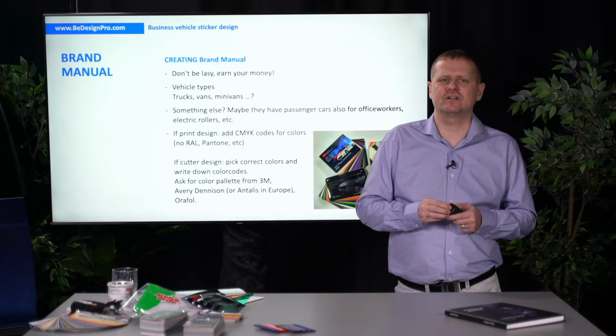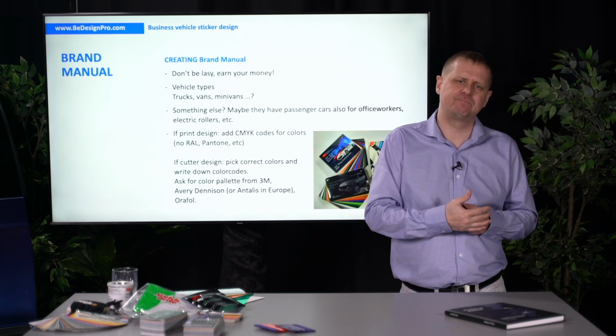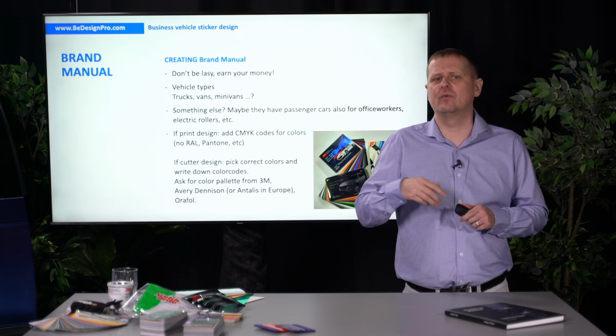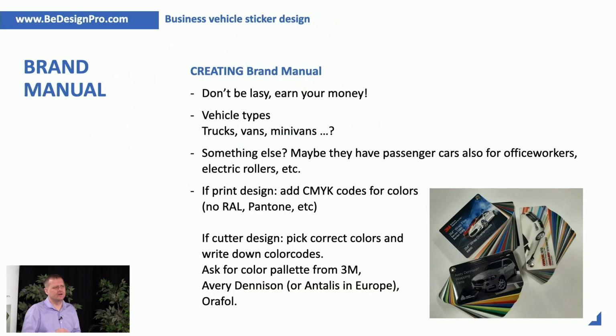Yes, it is easier to just take a certain type of vehicle, create a solution for it, and call it a day. I have seen a lot of brand manuals, including for well-known companies, which are done relatively poorly, where the new design has been created based on a blueprint from an obsolete model, and the new vehicles are either twice as big or half the size.